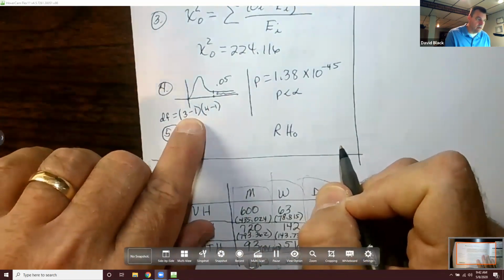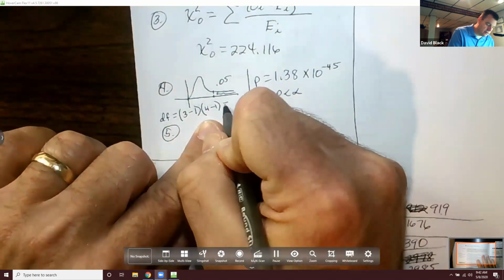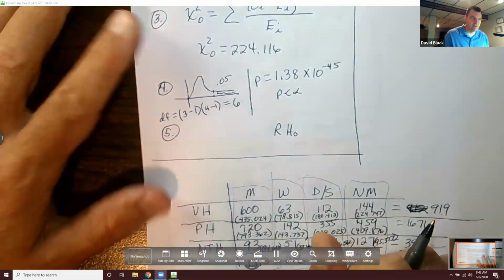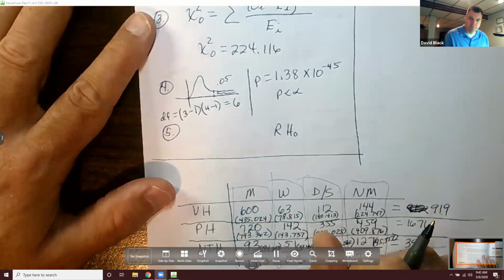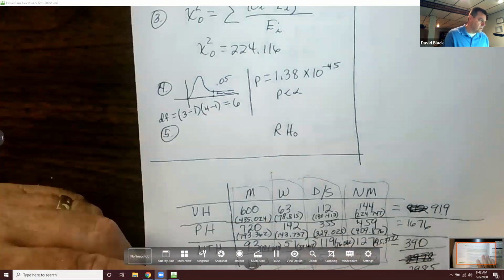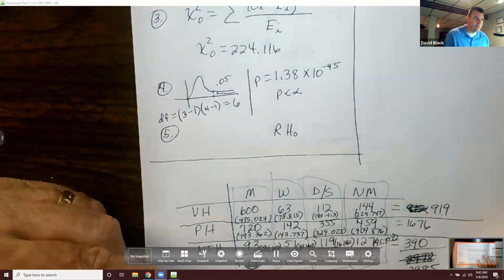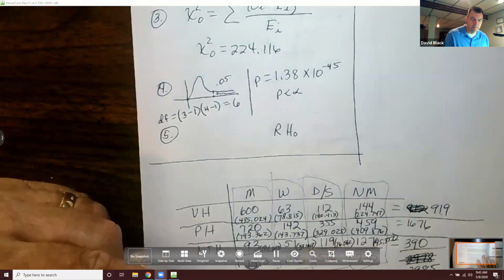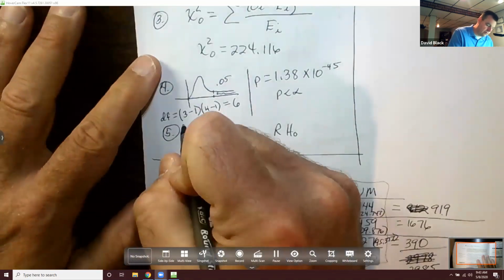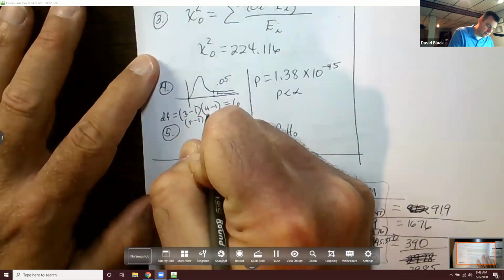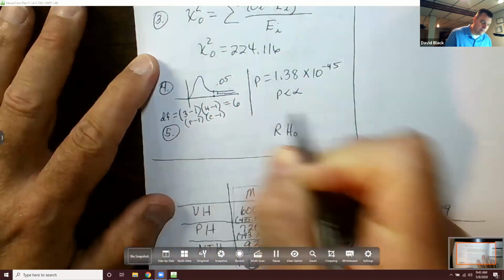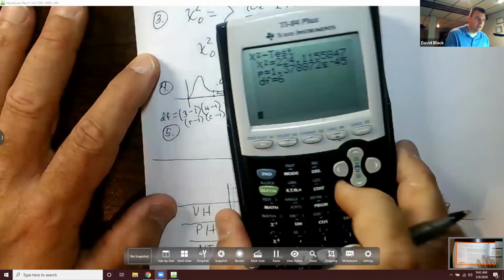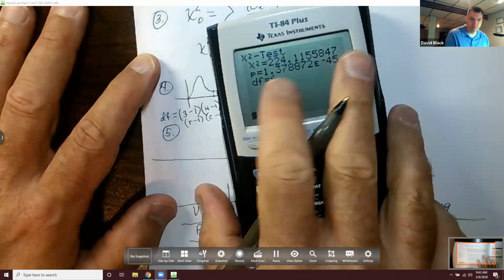So I'd take 2 times 3 here and get 6. So I'd use 6 degrees of freedom. Rows minus 1 times columns minus 1. If you need a formula there, it's R minus 1, C minus 1. Notice on your calculator it said 6 degrees of freedom.